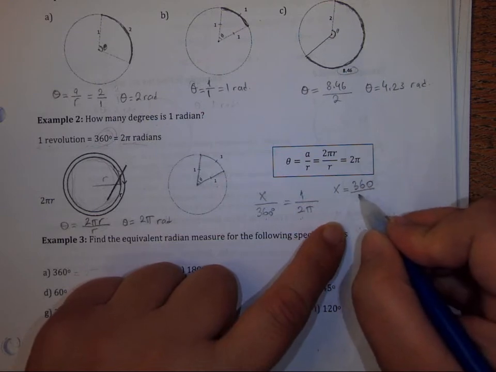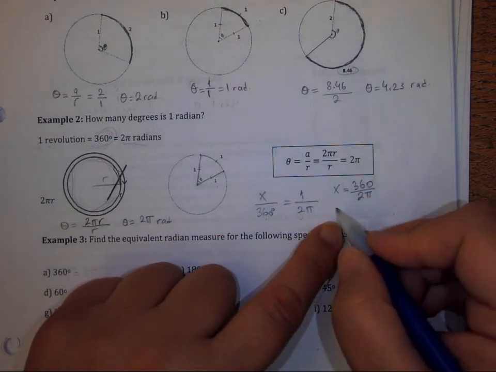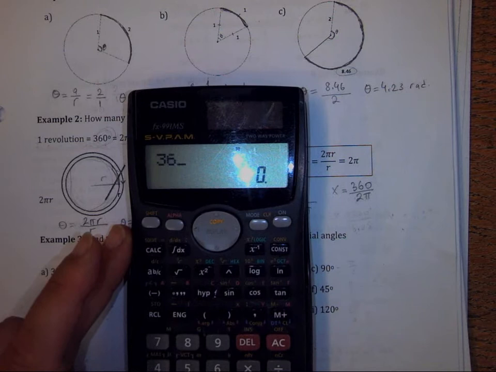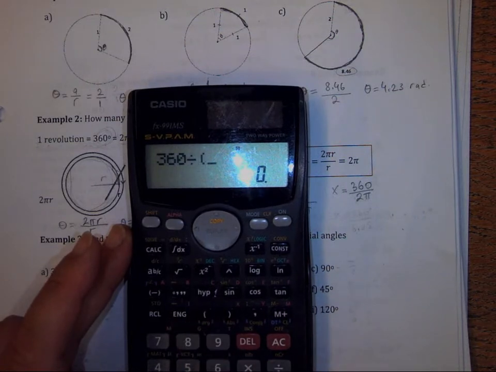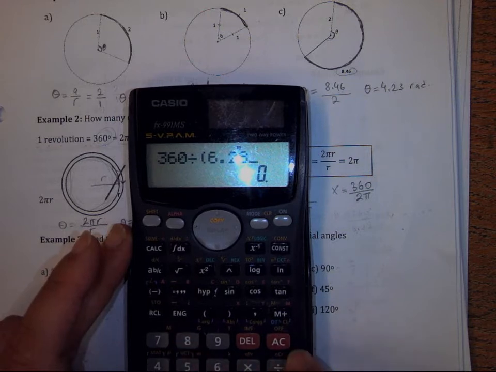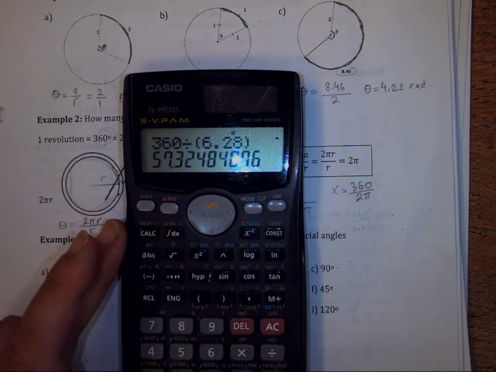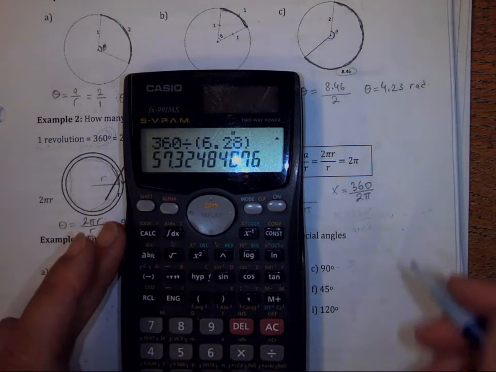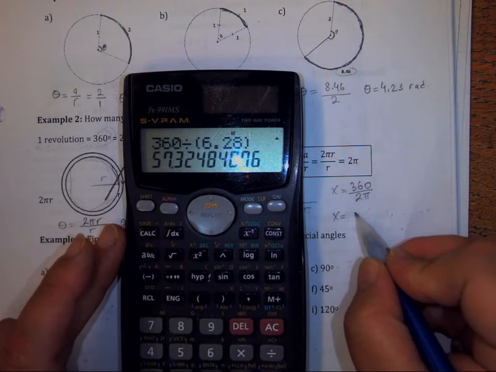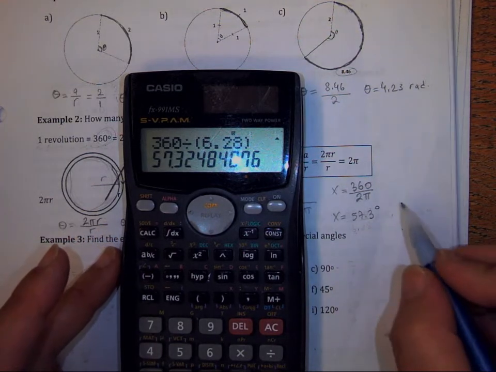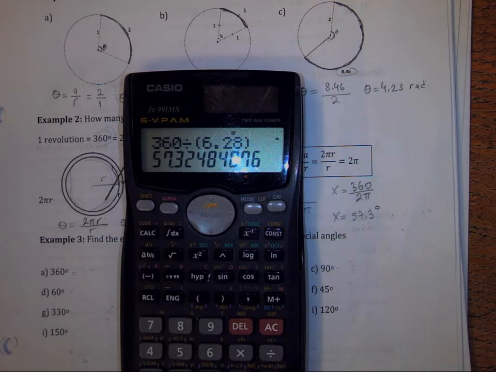So x equals 360 over 2 pi. 3.14 times 2 gives you 6.28, so we are dividing 360 by 6.28, which gives 57.3. This is an approximate value, so 1 radian equals 57.3 degrees.